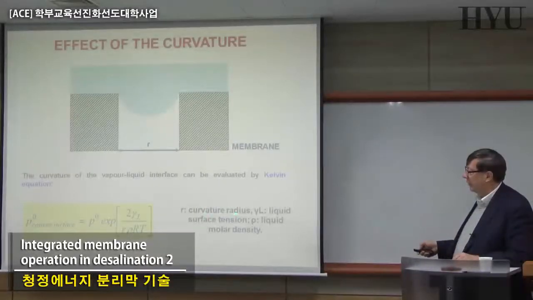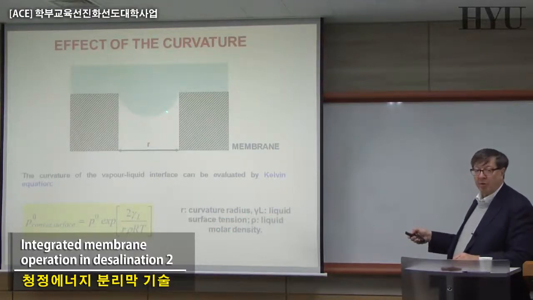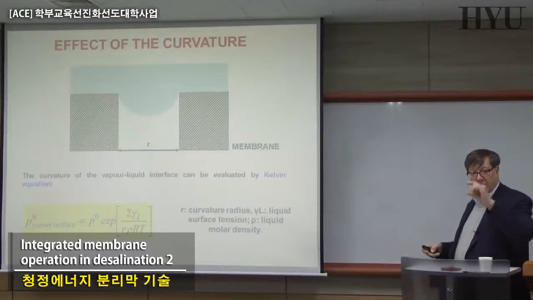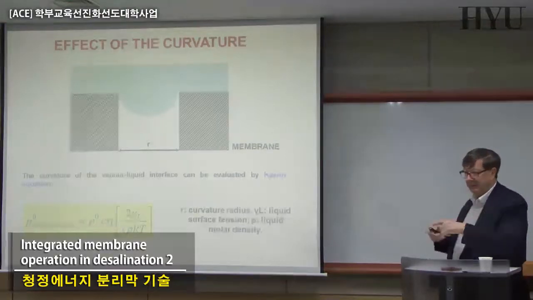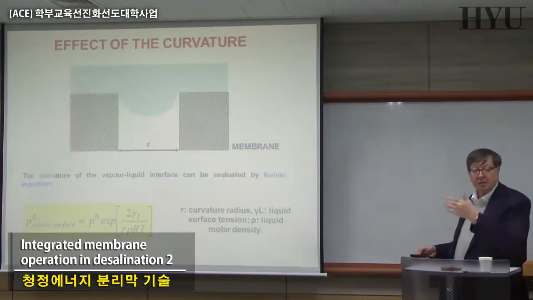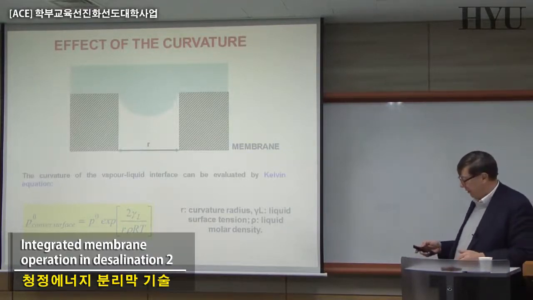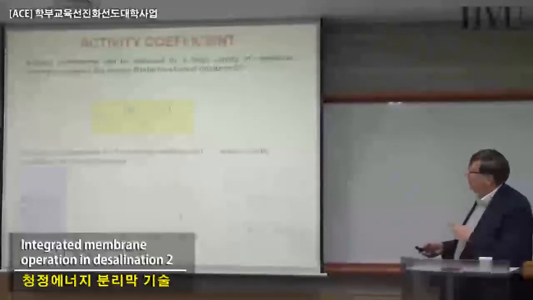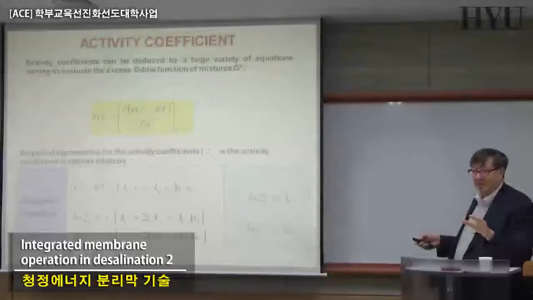So the curvature radius is changing your vapor pressure. And so you have to know the liquid surface tension, the liquid molar density, and the geometry of your pore. Changing the geometry, the thickness and the diameter, you can change this. So you can, again, change the overall transmembrane flux that you can expect. I was mentioning the activity coefficient. Not easy.